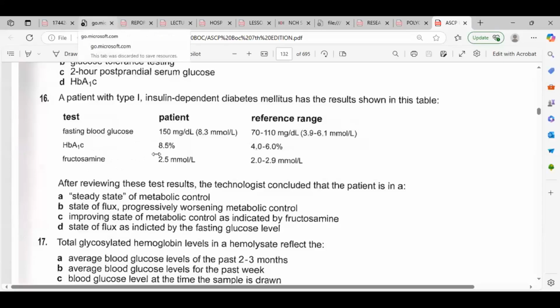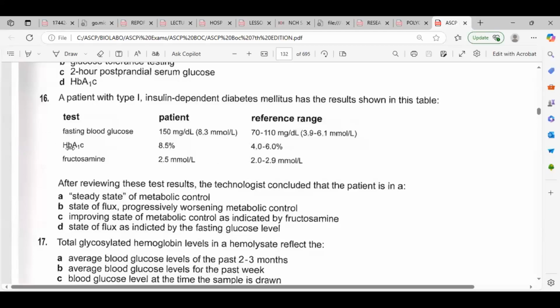Because HbA1c can show the improvement over 3 months. If it is only 2 weeks, but not more than maybe 2 months or 3 months, you will see that HbA1c is still high, but fructosamine at least is showing improvement. So it is actually an improving state, but not a steady state for some time, as indicated by HbA1c.